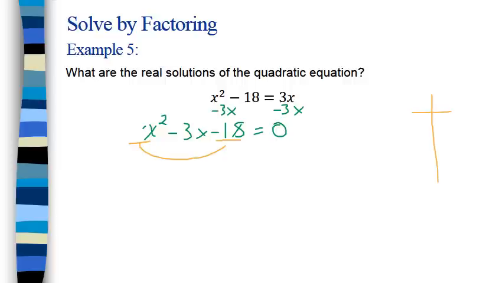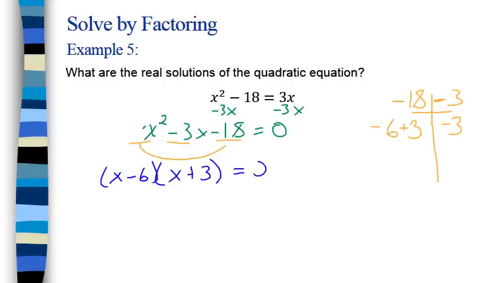So what multiples of AC, so negative 18, add to negative 3? 6 and 3 have a difference of 3 and multiply to 18. We want them to add to negative 3, so negative 6 plus 3 will add to negative 3. So we can rewrite this as x minus 6 times x plus 3 equals 0.